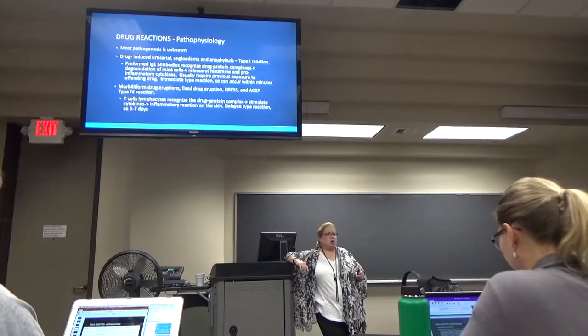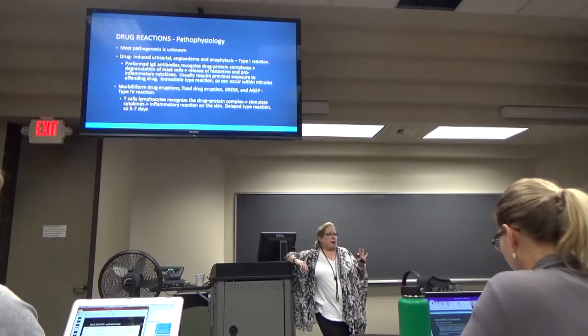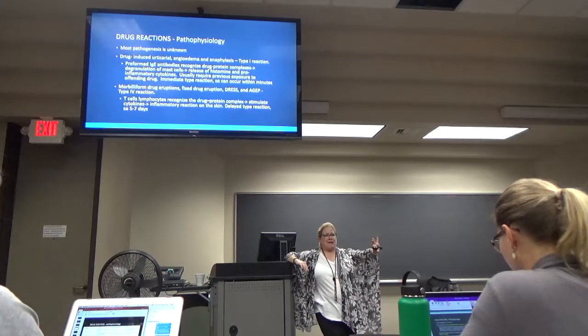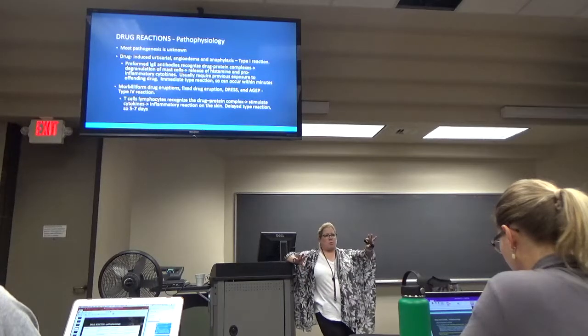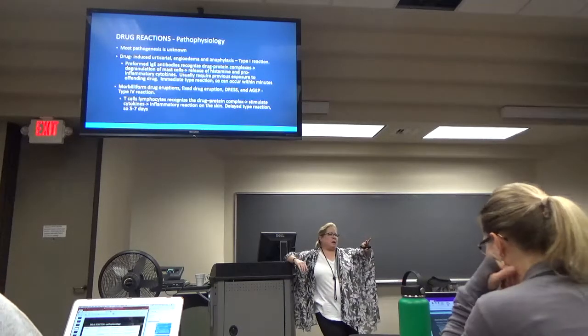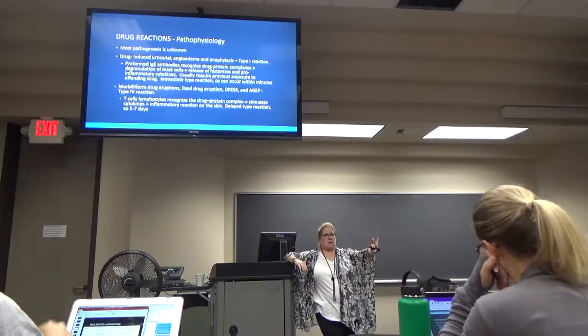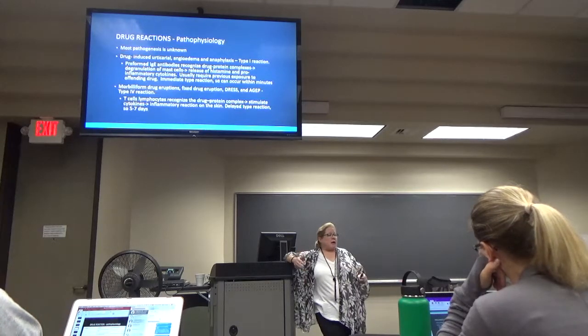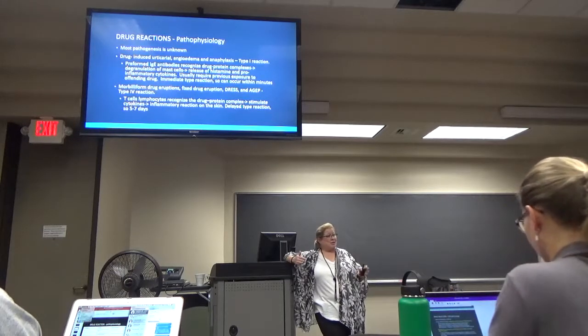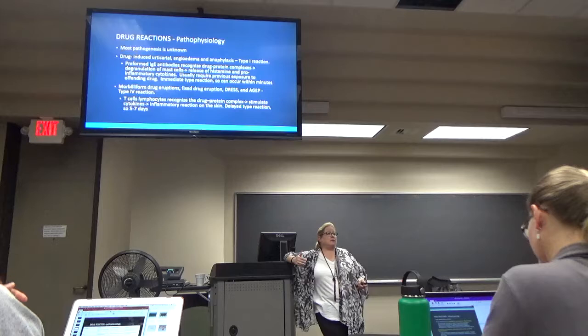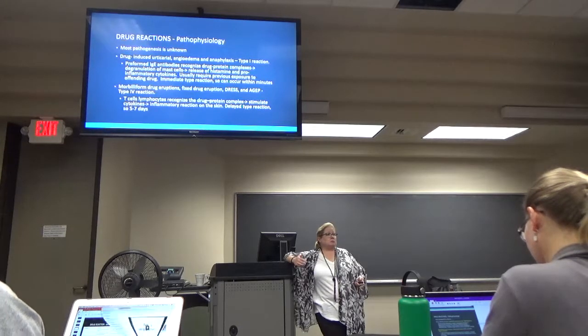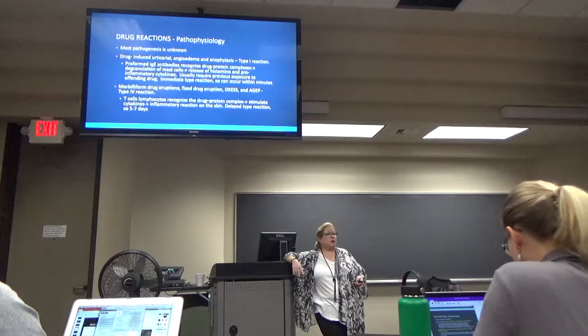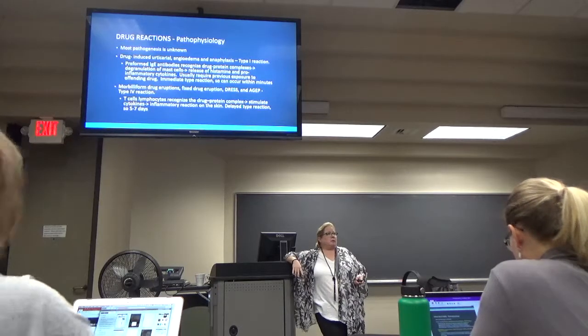And this can occur very, very quickly, because what happens is you're exposed to a medication one time and your body develops a drug protein complex, and then you're exposed to it a second time, and that's when you have the reaction. The hives in this type of reaction is due to degranulation of mast cells and the increased release of histamine, as well as some other inflammatory things, but histamine is the big key.